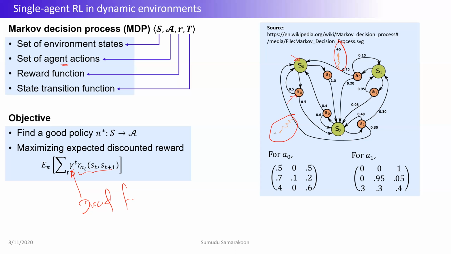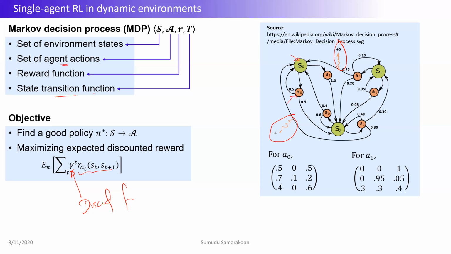If the environment state is S2 and the agent takes action A1, there's a possibility that the state is going to change from S2 to S0. In that case, it will be rewarded by -1, so it is kind of a penalty.